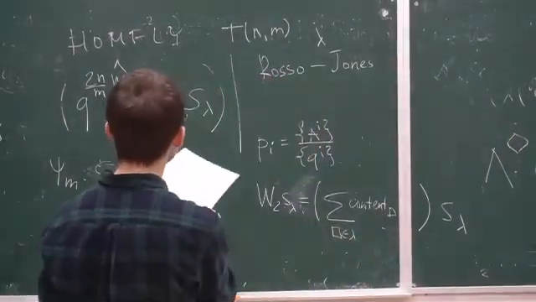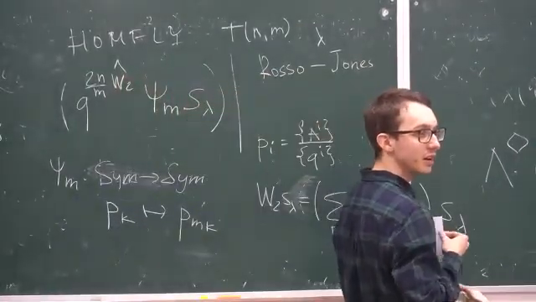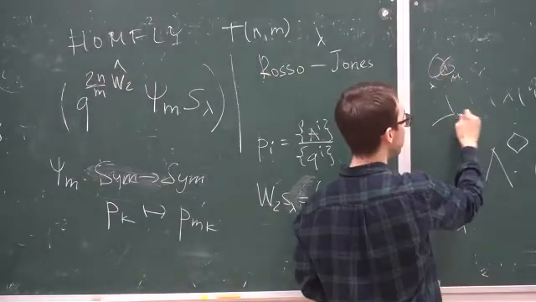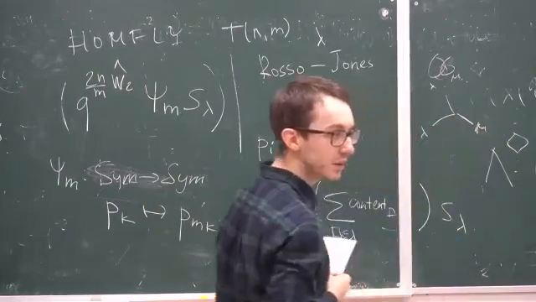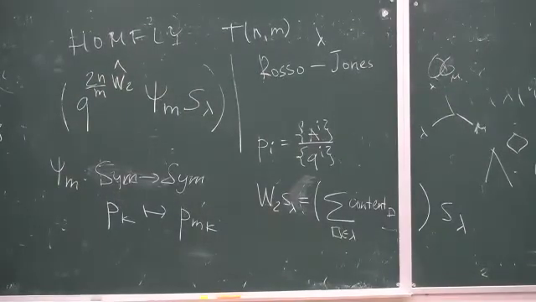For example, if we consider the Hopf link with lambda and mu, it corresponds to the topological vertex with lambda and mu, and there you have Ooguri-Vafa formulas. They count open branes and so on.